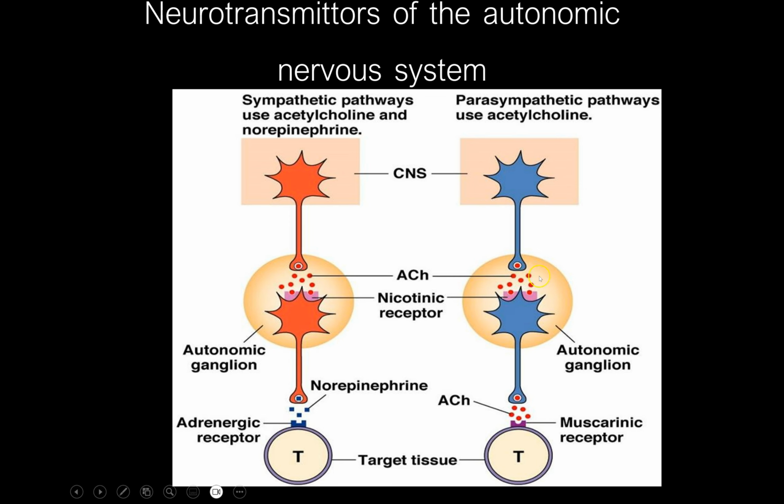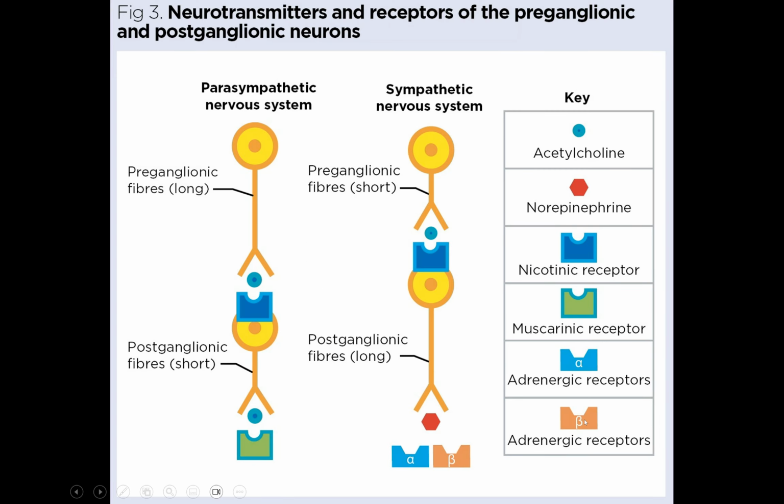For the parasympathetic, acetylcholine with nicotinic receptors, and at the distal effector acetylcholine with muscarinic receptors. Again, parasympathetic: acetylcholine, nicotinic receptors, second order, acetylcholine, muscarinic receptors.